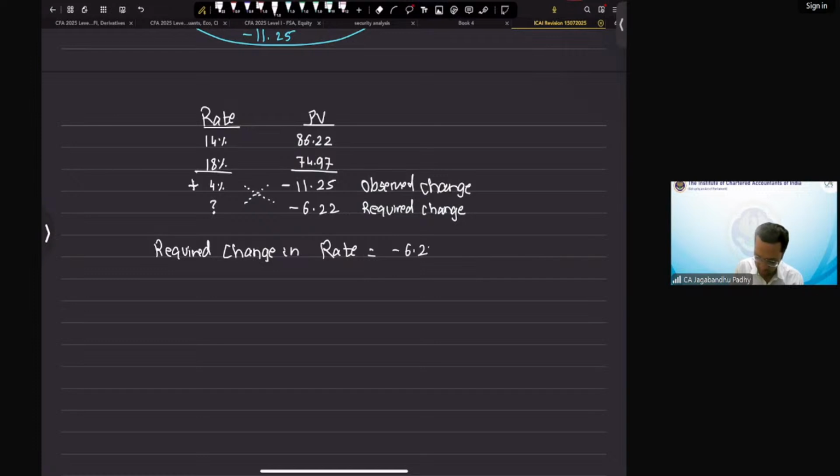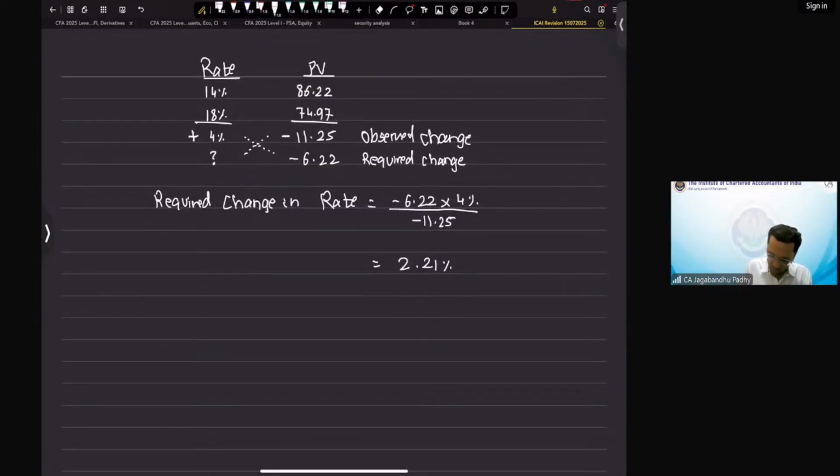This is minus 6.22 into 4% divided by minus 11.25, so 6.22 into 4 divided by 11.25. This is 2.21%. That's the required change in rate.